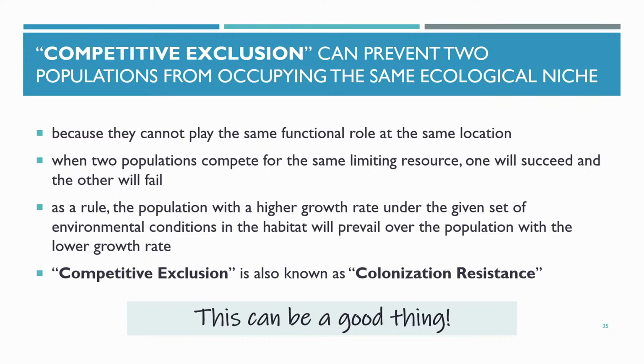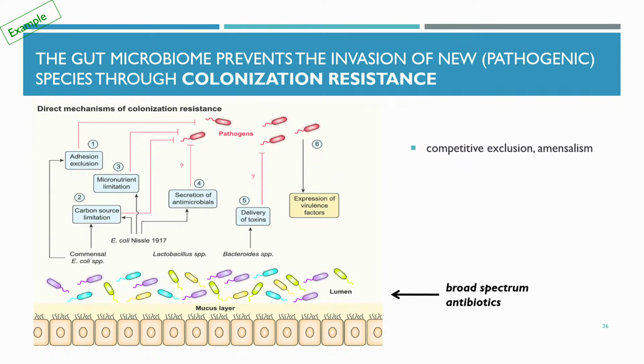Okay. This competitive exclusion is also known as colonization resistance, which is what I introduced earlier, and this can be a good thing. I'm going to talk a little bit about this term, colonization resistance. This is essentially what I was trying to explain earlier. Here I have a nice picture for you. The gut microbiome prevents the invasion of new species or pathogenic species through colonization resistance.